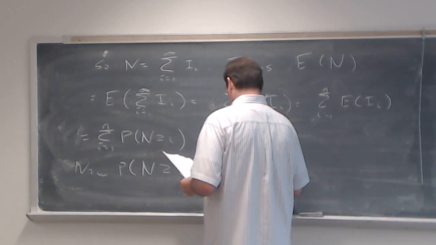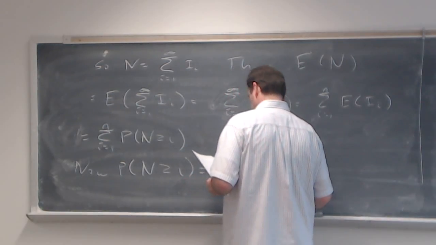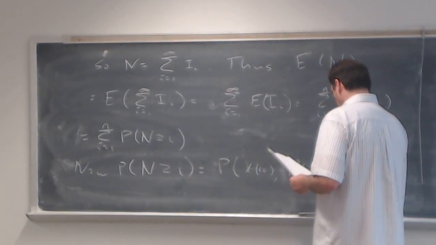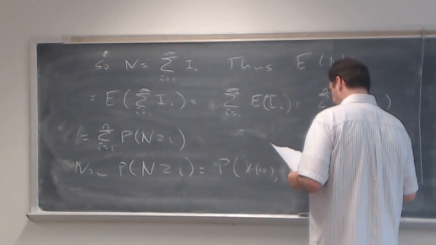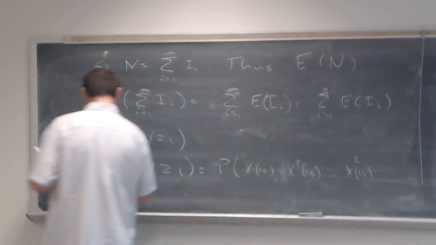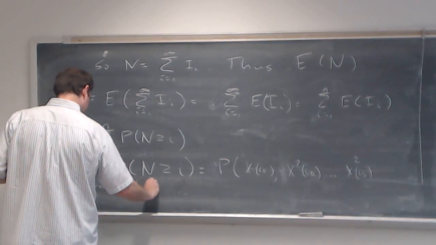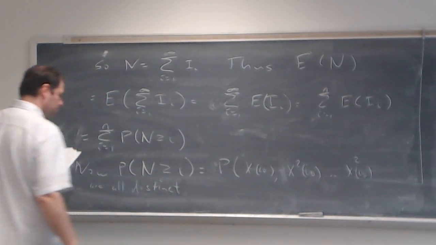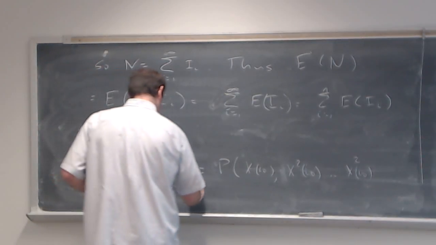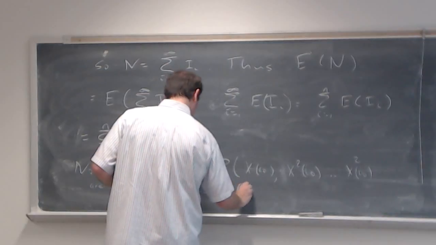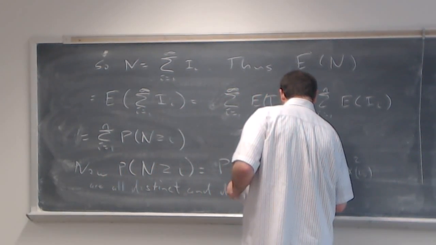well, I will say it this way. X sub I of 0, x squared sub I of 0, all the way up to x to the I of 0 are all distinct and different from I sub 0 as well.